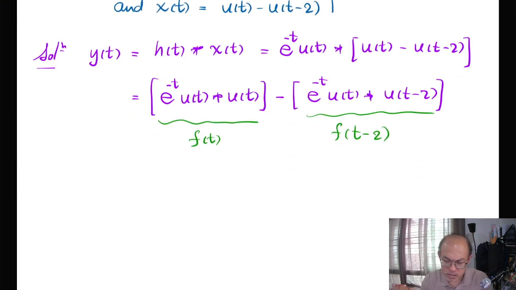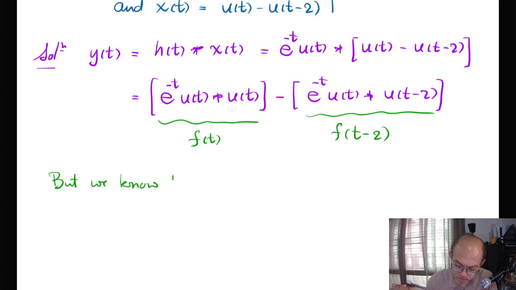Whatever is left is to find f of t, but we have done this several times: e to the minus t u of t convolved with u of t.